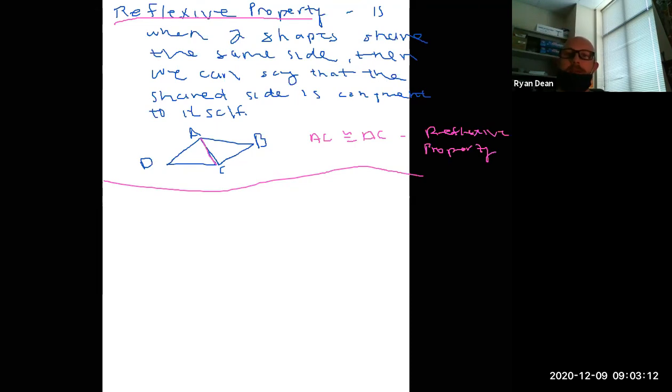Okay, now next up we have all the reasons that angles can be congruent. The next few examples are going to be referring back to all of the angles that are equal to each other. So the first one that we talked about this year was the vertical pairs or vertical angles. When we talked about these, we made this right here.